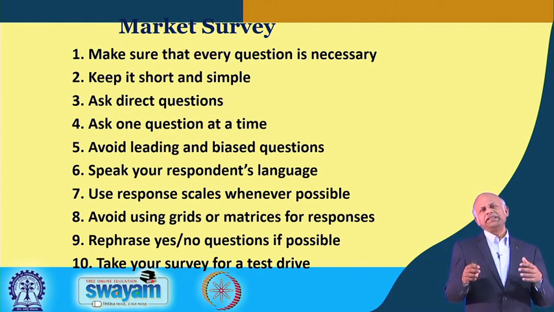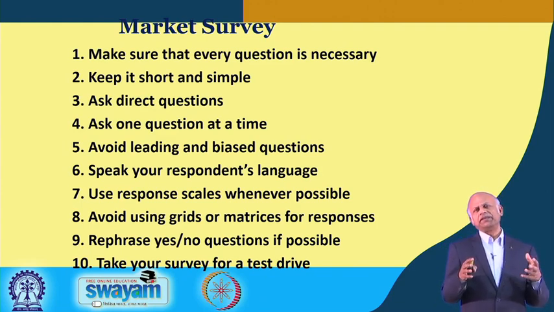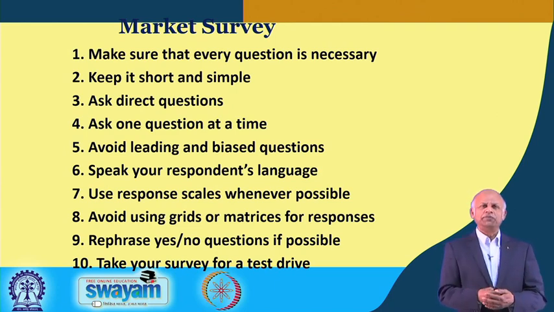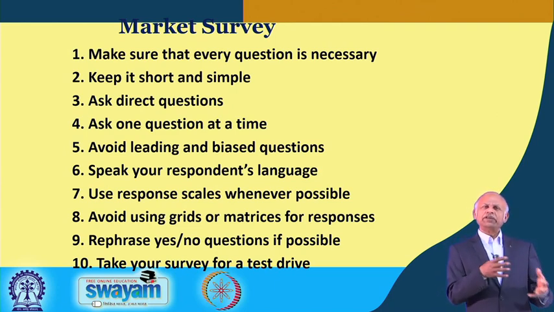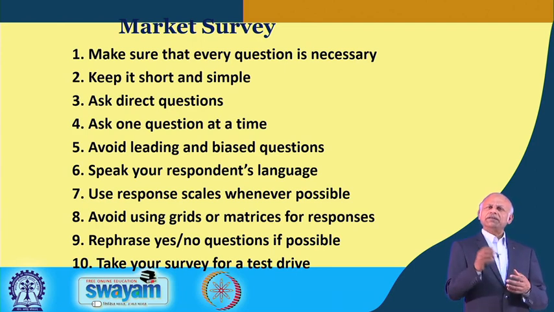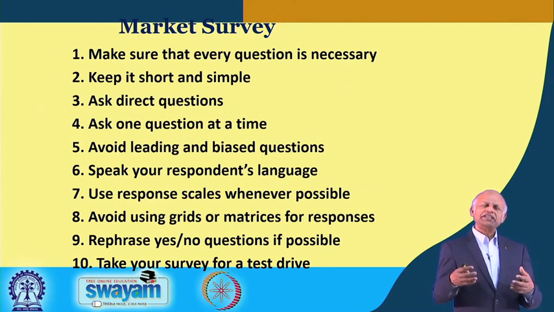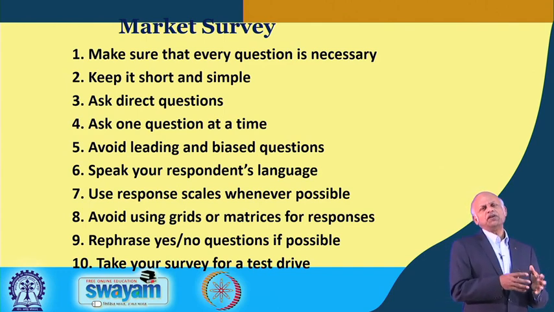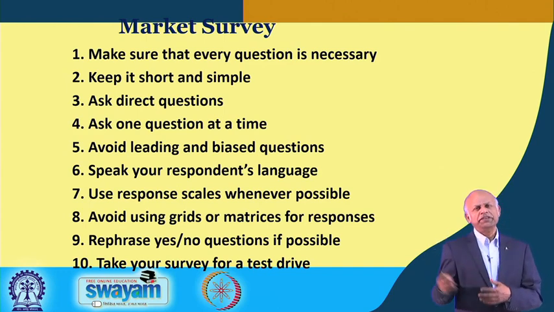Like if you ask, how do you think this product is going to perform, that is one question. This question can be rephrased as: out of 1 to 5, put your feeling as to how this product is going to be successful. 1 means not successful, 5 means very successful.